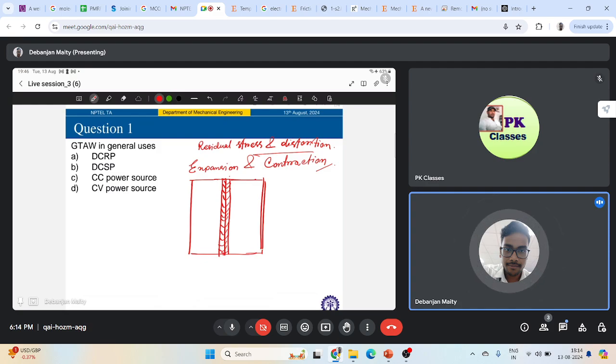Now, if you insert the bar between some rigid restraints, so that lengthwise expansion cannot take place, and we repeat the thermal cycle, we are restricting the length by restraining it and heating the material.